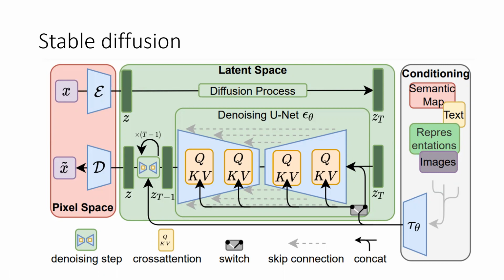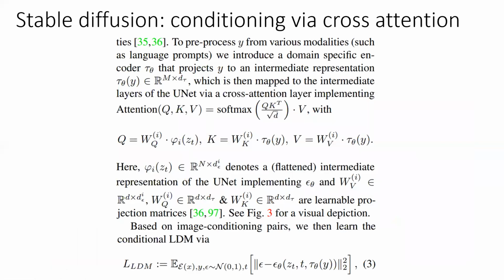This is a pretty general method, and we will pass that input into some feature extractor, tau sub theta, that extracts features from that type of text or from that type of data. So it could be an RNN for text, a transformer for text, a CNN for images. And we're going to condition on that embedding via cross-attention inside this UNet where we see Q, K, V. And we'll go more into the details here.